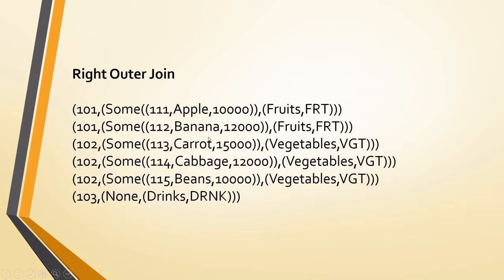And similarly right outer join: the department numbers that are present in the right side table, which is the department table, are considered here, and in a similar way whatever is present is considered, and for 103, which is not there in the first table, it is taking None. So we have inner join, full outer join, left outer join, and right outer join.